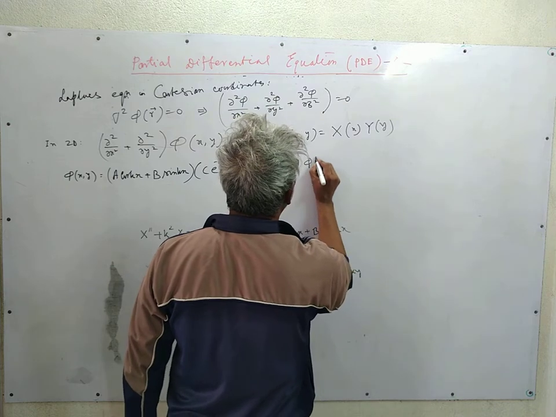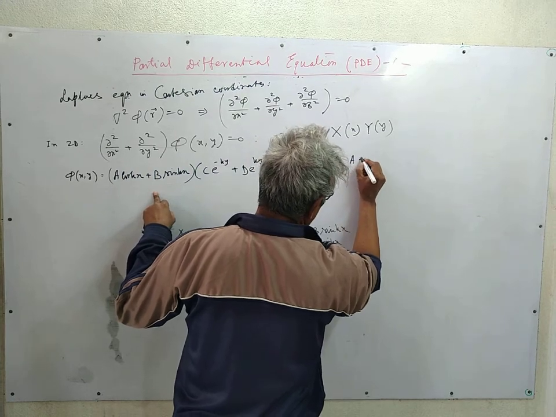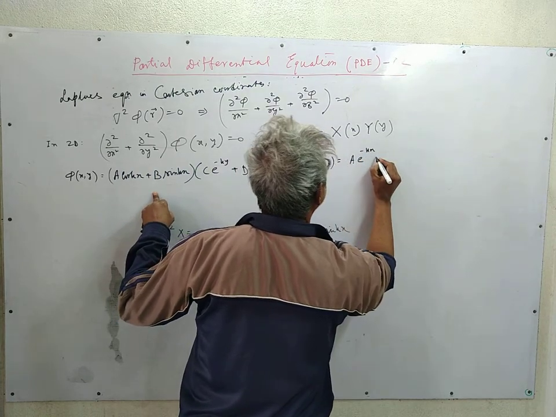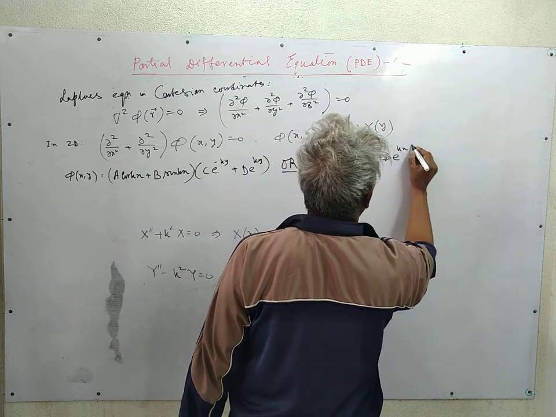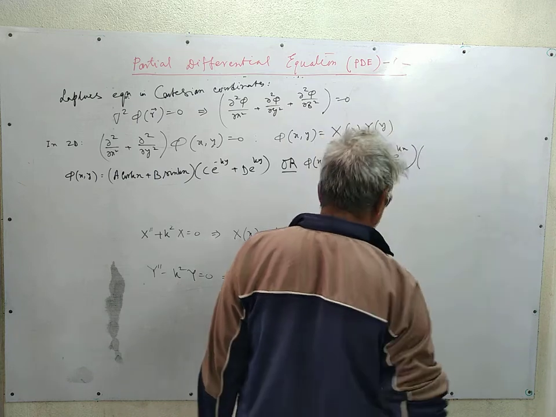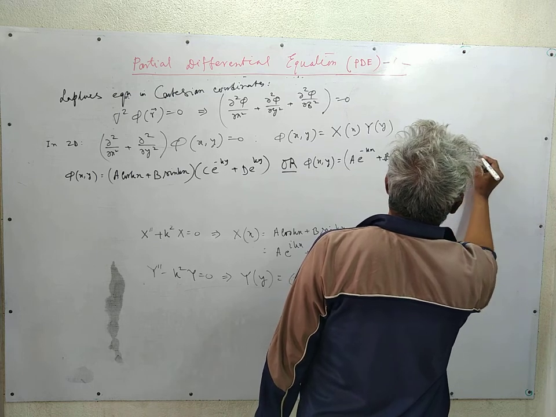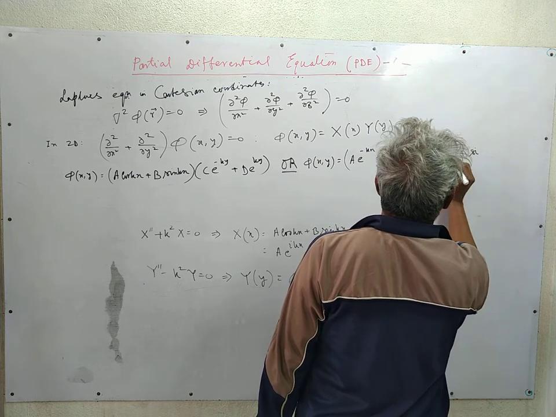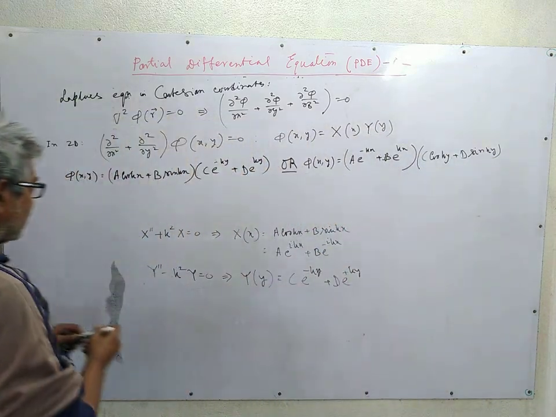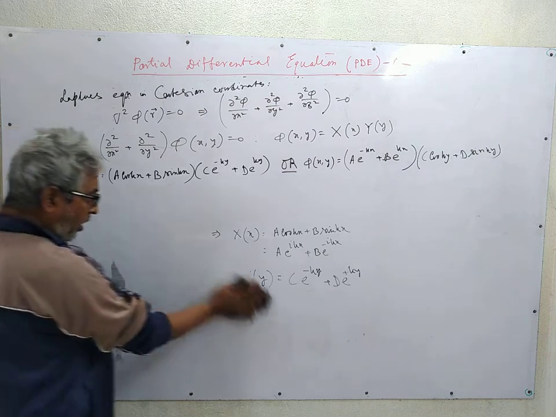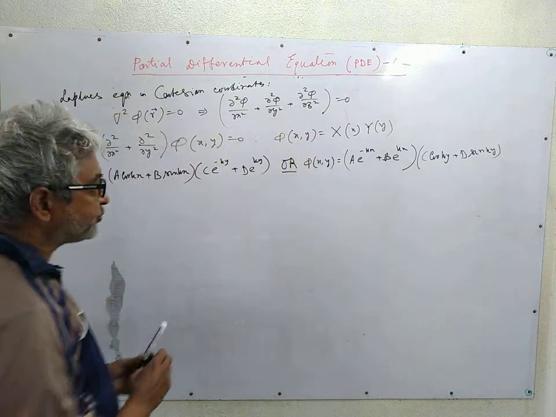The solution may have periodicity in the y direction, then it will be a e to the power minus kx plus b e to the power kx, an exponential solution in the x direction and a periodic solution in the y direction. So these are the two alternative solutions. Depending on the boundary condition of the problem given, we may choose one of the solutions.